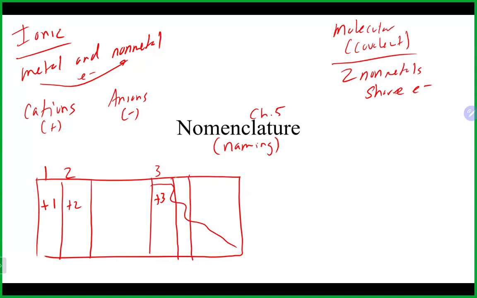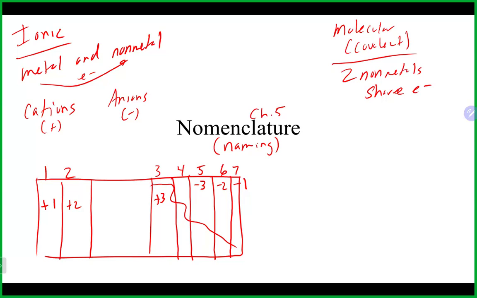We kind of skip group 4. Group 5, which is our nonmetals above the staircase, will make a -3. Group 6 will make a -2. And really small in there, group 7 will be a -1 in this case. Our transition metals typically can make a variable positive charge, so it does depend on the situation as to what type of charge they could have.